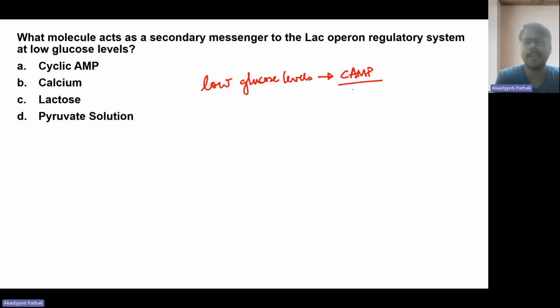Remember, cyclic AMP is the secondary messenger which acts at low glucose levels. The levels of glucose and the levels of cyclic AMP are inversely related. If the glucose levels are low, the cyclic AMP levels will be high. When the glucose levels are high, the cyclic AMP levels will be low.